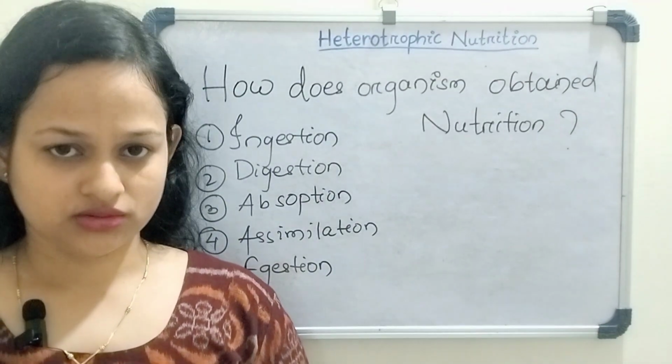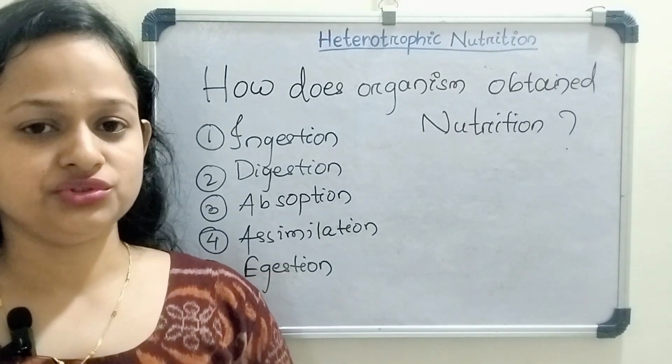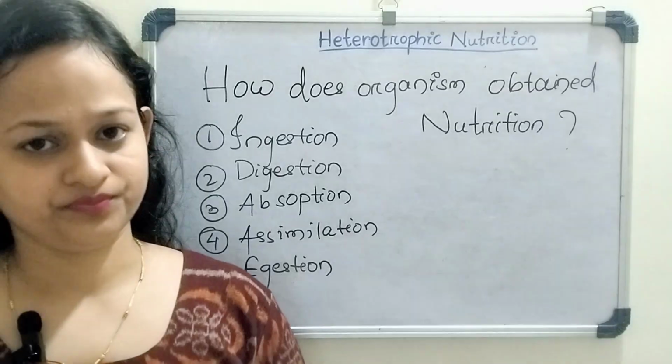In all the holozoic type of organisms, the process of nutrition is carried out by these 5 types of steps.